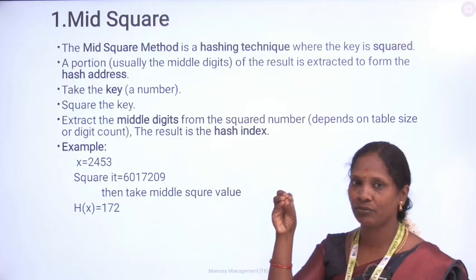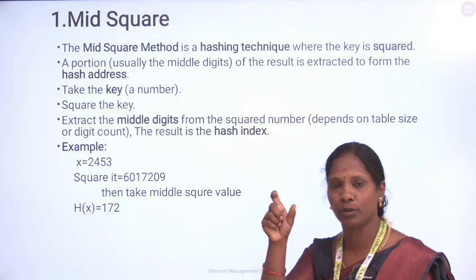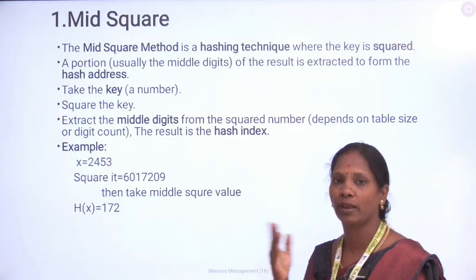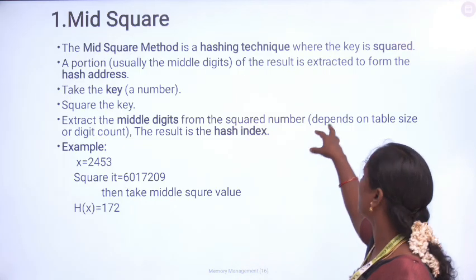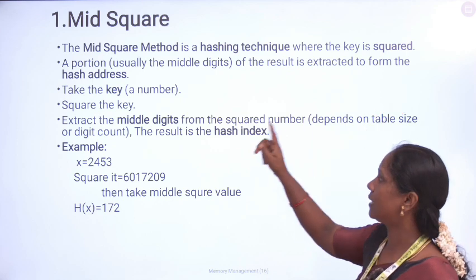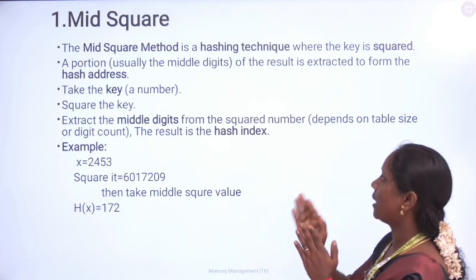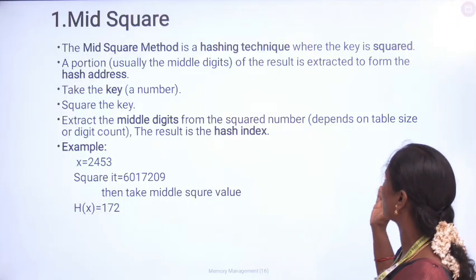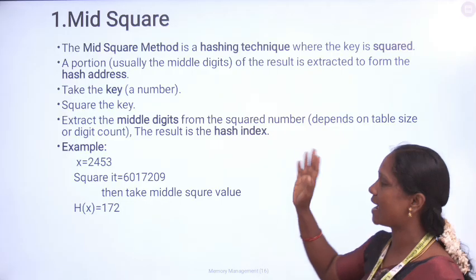When we take one particular value, that key is squared. Next, the middle portion or middle digits of the result are extracted to form the hash address.